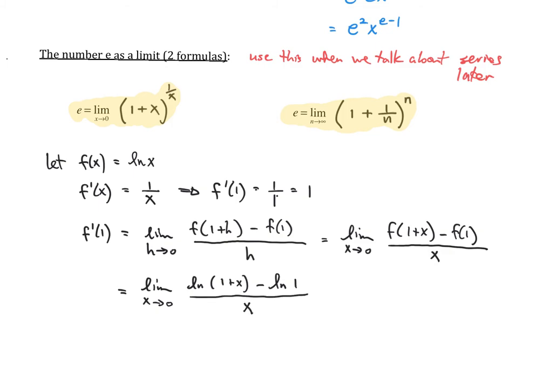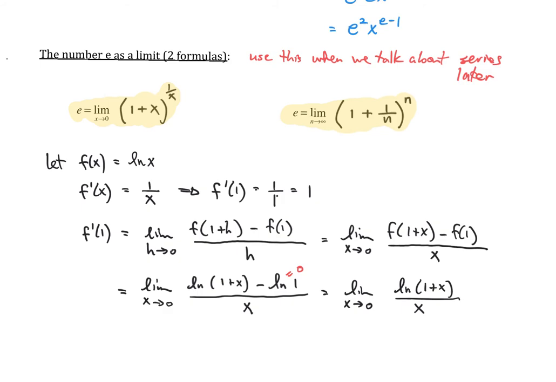Now we know natural log of 1 is equal to 0, so really this becomes the limit as x goes to 0 of natural log of 1 plus x, divided by x.